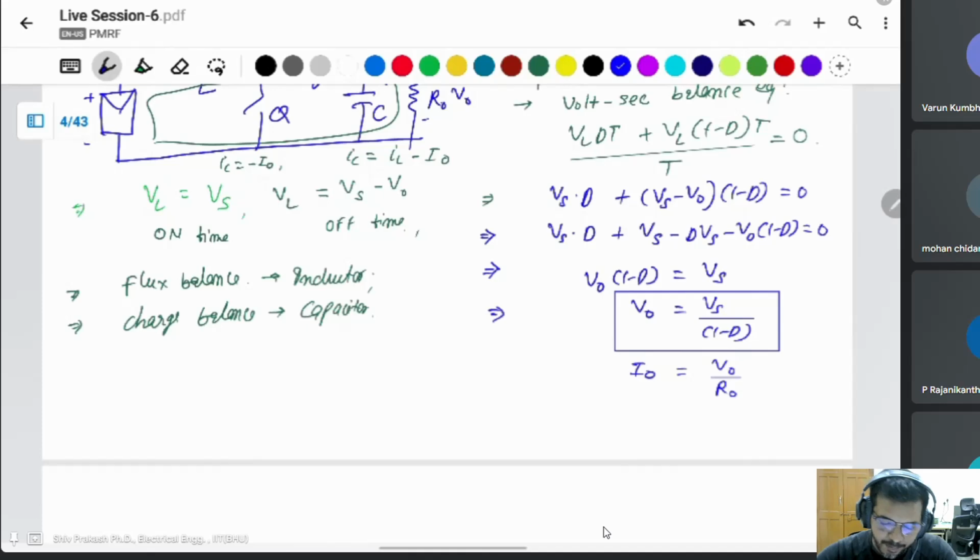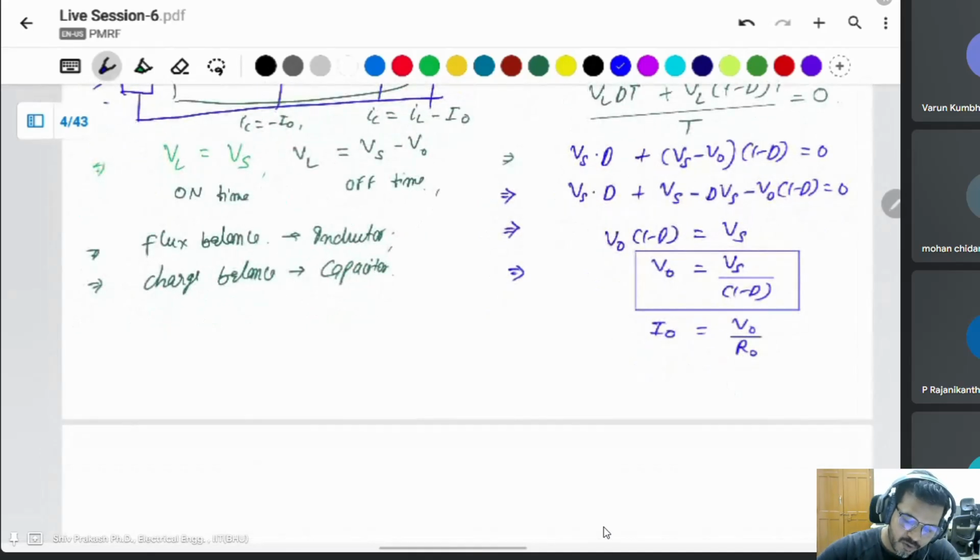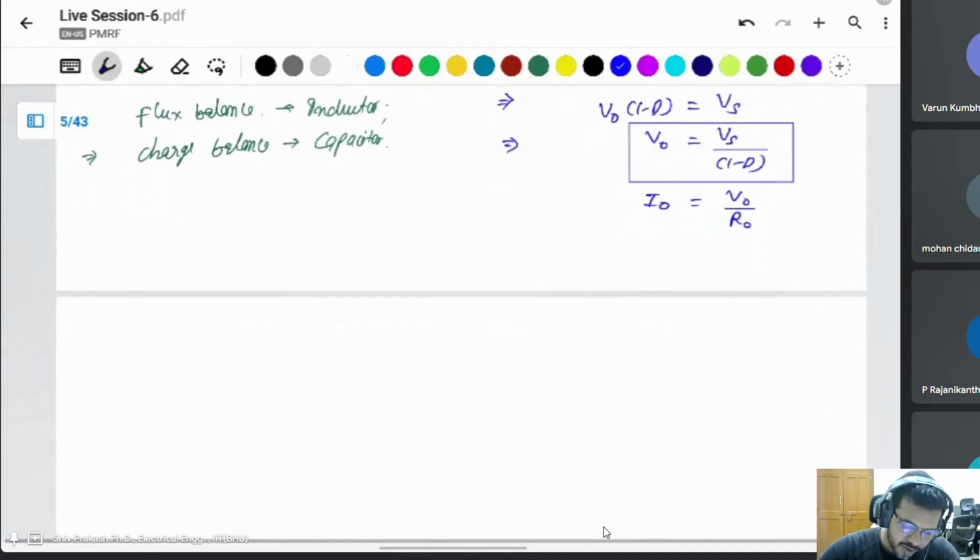The input current, in ideal cases, we will take ideal cases for V naught, I naught, same thing.